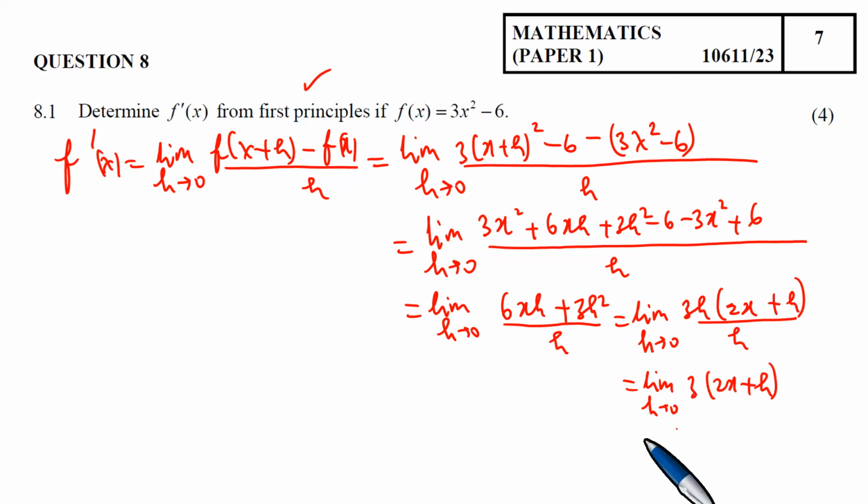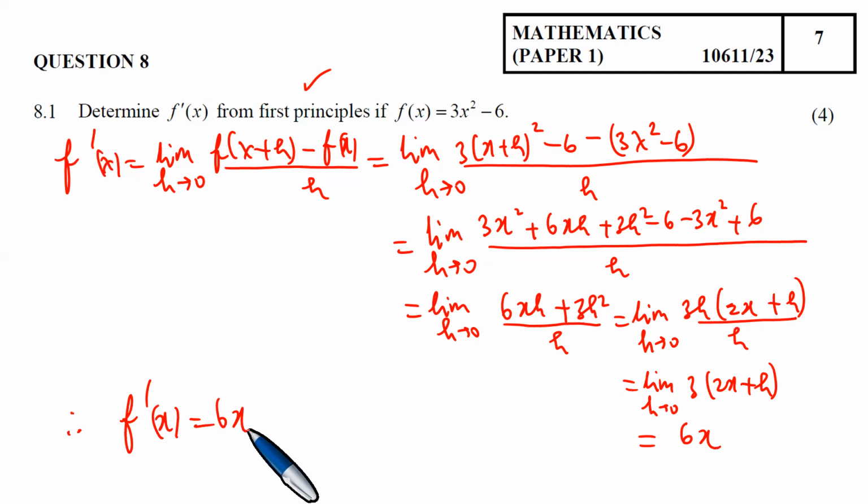But you see, as h tends to 0, it becomes 6x. That's the answer. And therefore, the conclusion is that at this point, we have that f'(x) is 6x.